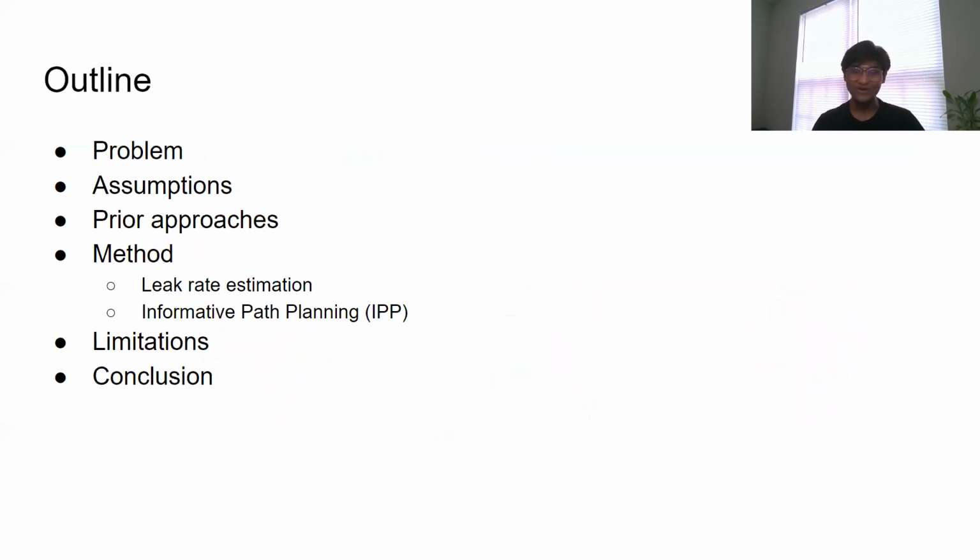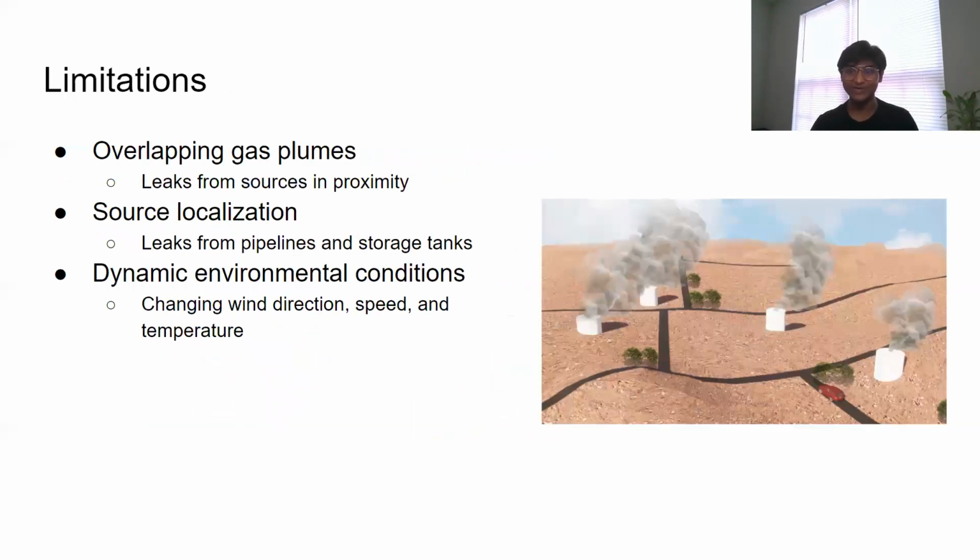So those are some beautiful questions, and everyone pretty much predicted my limitations for the most part. It was great to hear that. But let me just summarize the limitations of my work. Gas plumes: I said that we assume these gas plumes never overlap.